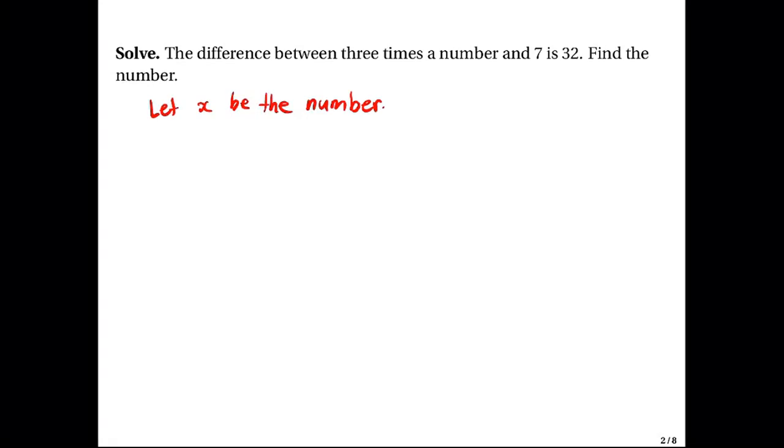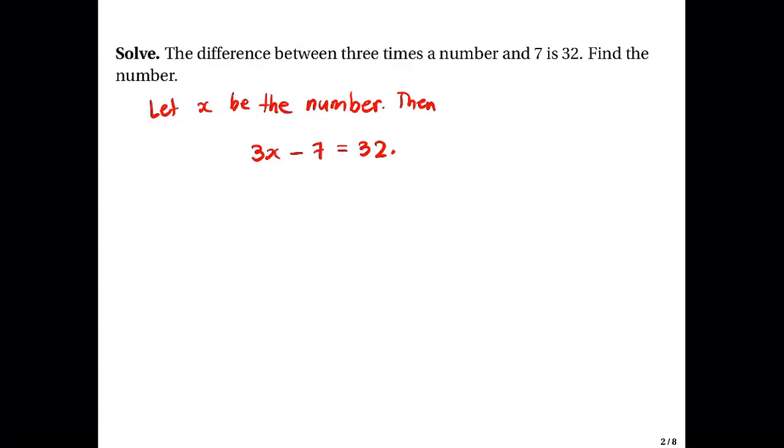Then according to this, 3 times a number, so we have 3x minus 7. This is equal to 32. And then from here, we can just solve for the value of x.